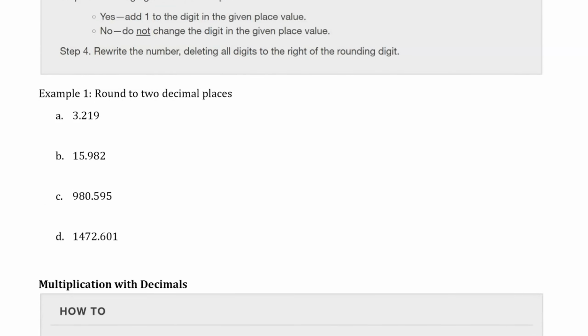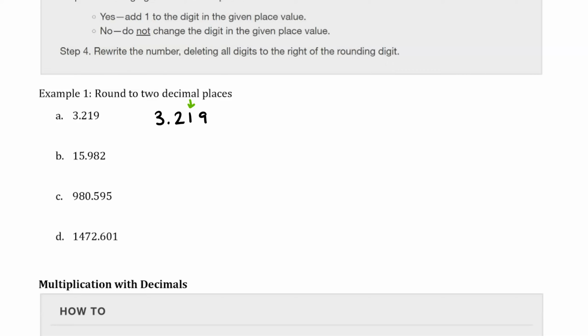Round to 2 decimal places. So I have the number 3.219. Since we're doing 2 decimal places, this is where I'm going to stop. So my answer is either going to be 3.21 or 3.22.